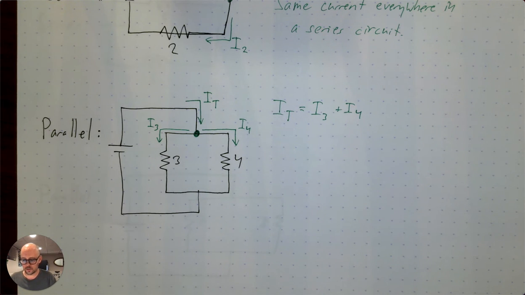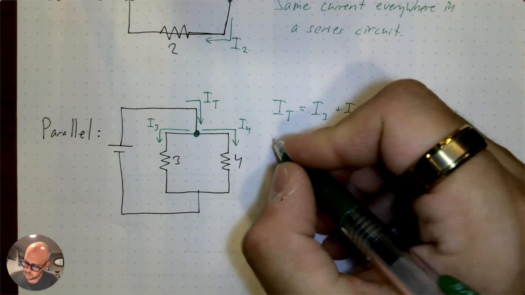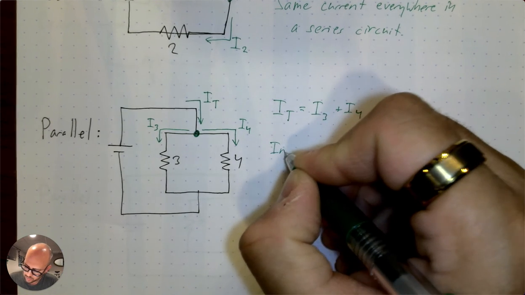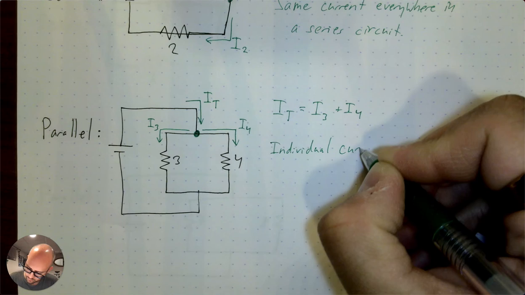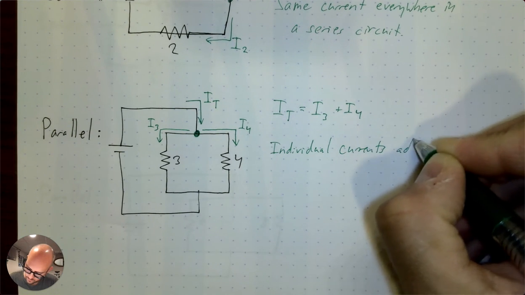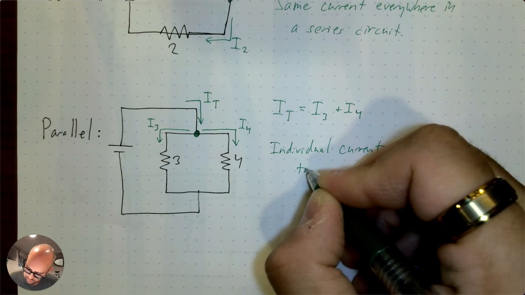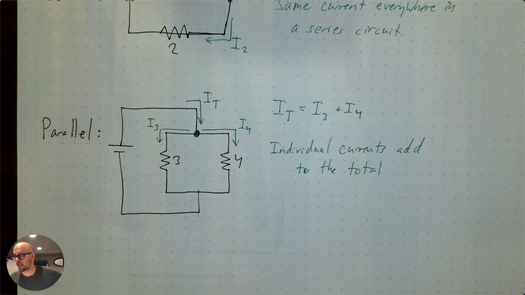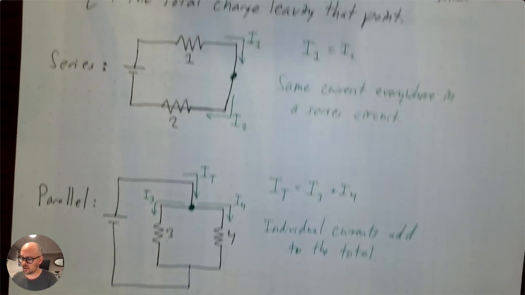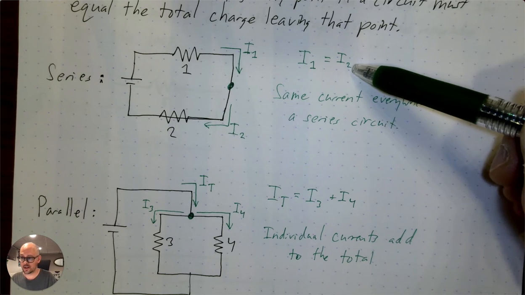So in a parallel circuit, I get a different rule: the individual currents add together to the total. That rule is different for series and parallel, so current behaves differently in series than it does in parallel. In a series circuit, you get the same current everywhere.